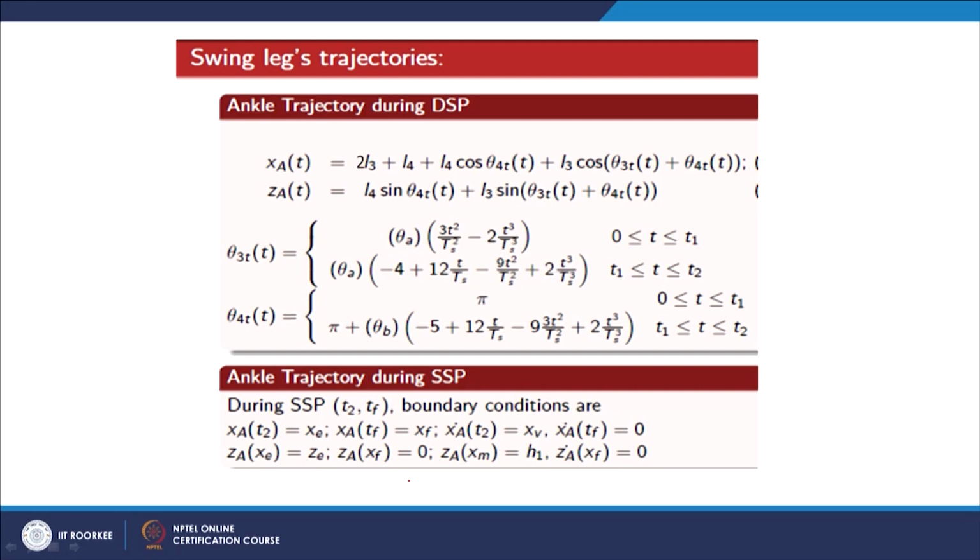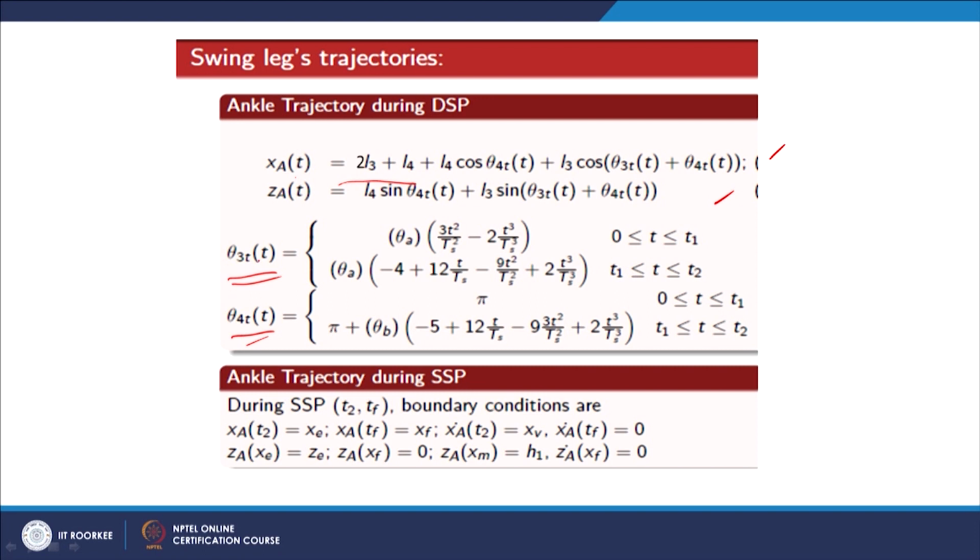These are the various trajectories using the initial condition of the ankle, final condition, initial velocity, etc., and we can write it as a 2-arm manipulator kinematics equation. The solution of this inverse kinematics is finding the angles, theta 3 t.